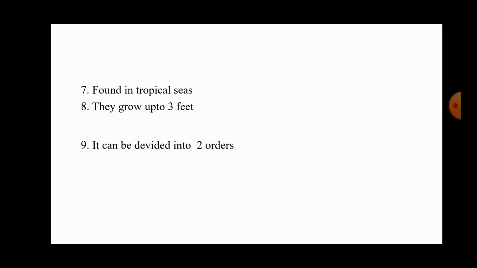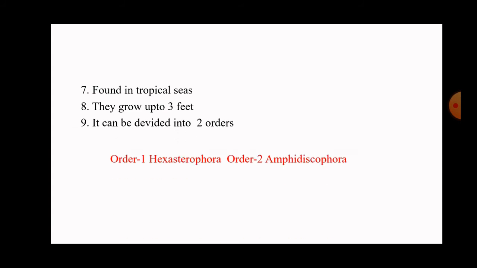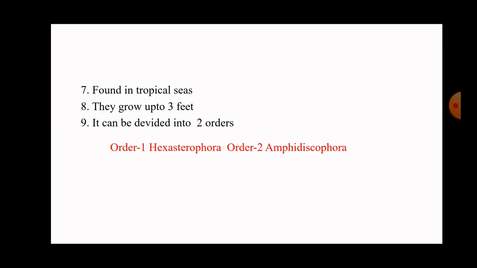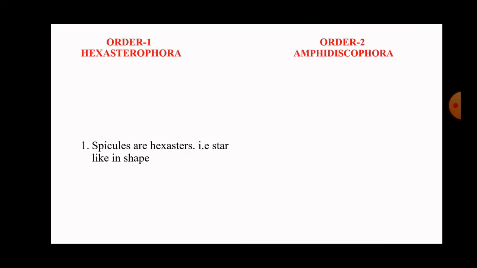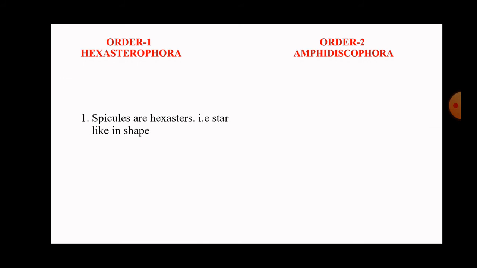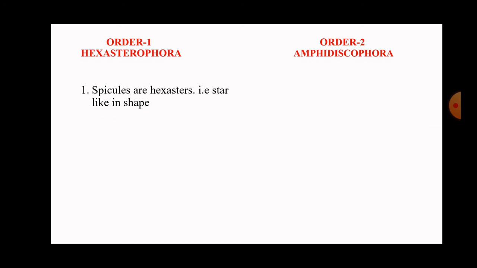And this class can be divided into two orders, order 1 Hexasterophora and order 2 Amphidiscophora. Let us see order 1 Hexasterophora. In this, spicules are hexasters, which means these spicules are star-shaped spicules.